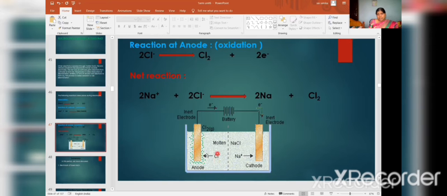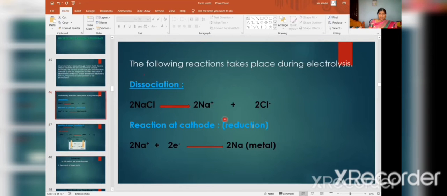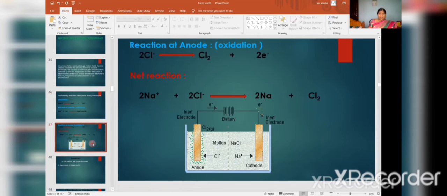Cl minus, after going to the anode, undergoes oxidation. That means it releases its electrons and forms chlorine gas. The electrons released flow towards the cathode, where Na plus ions take these electrons and convert into sodium metal.